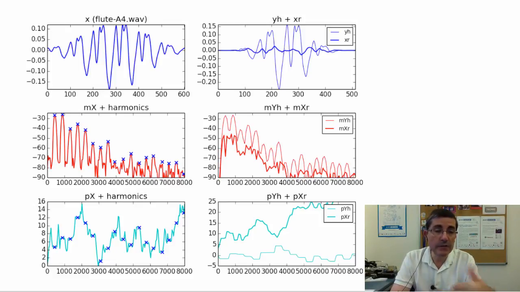If we take the inverse of that, we see the residual signal in the time domain, and that's what we see on the top right plot, in which we see the original flute sound, of course with the right windowing and the right size that we have in the synthesis, and we see the residual signal, this dark blue one. And again, this is not just an error signal. This in fact is a relevant part of the sound that we want to recover.